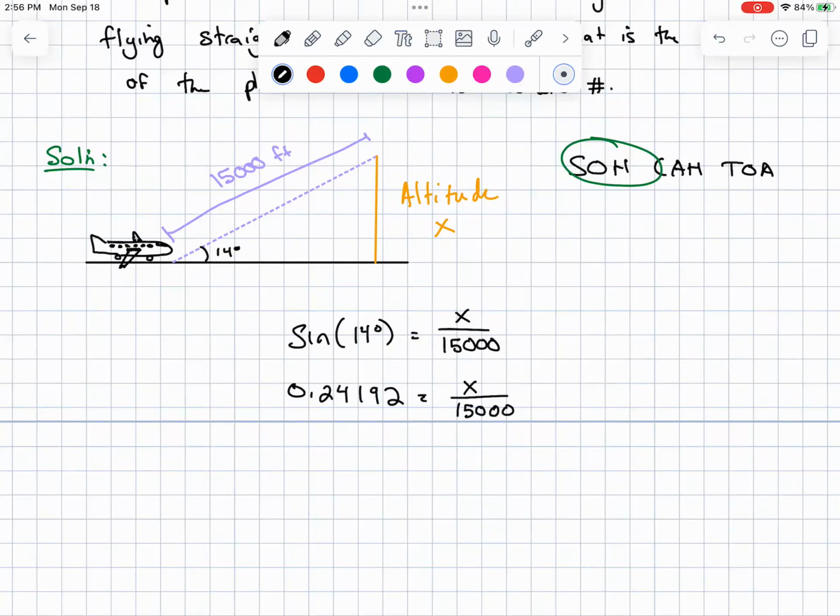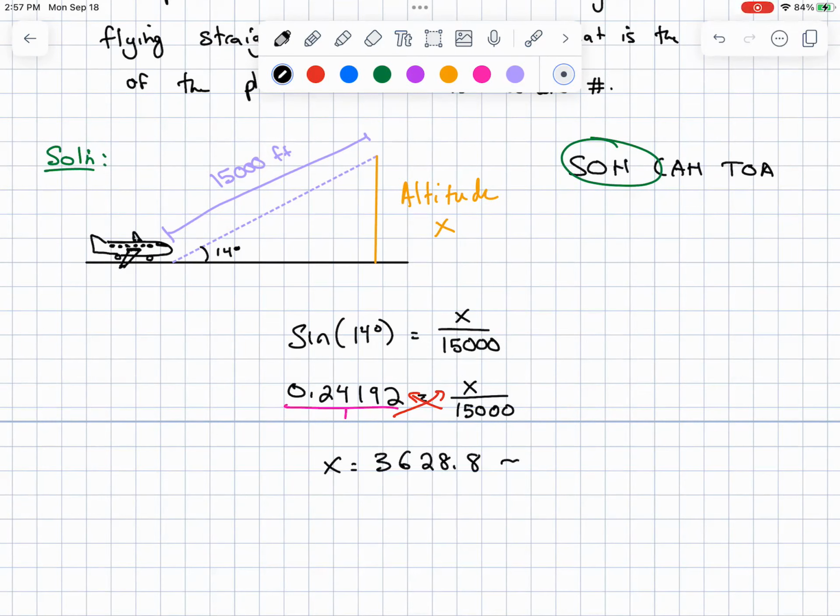15,000, and then we're going to imagine that our decimal number is a fraction by putting it over 1, and cross multiply. And we will get that x is equal to 15,000 times 0.24192, which gives you 3,628.8.